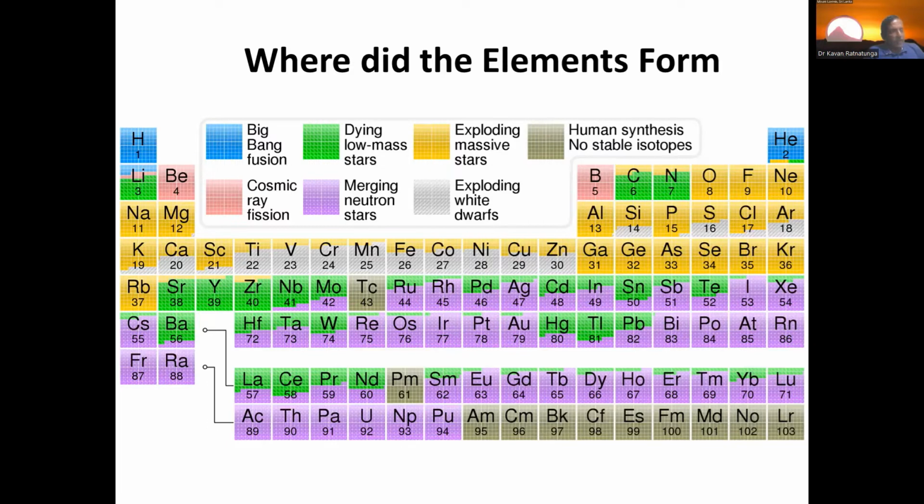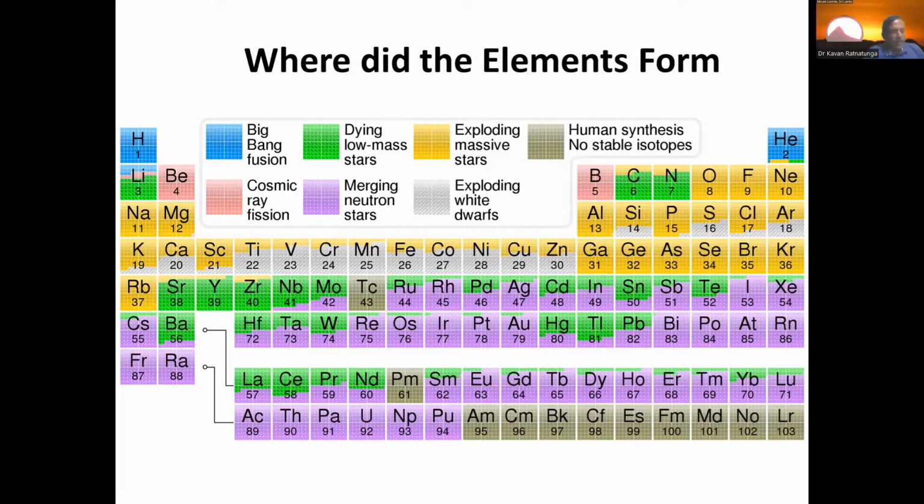Then we have what is marked out in green to be dying low mass stars creating a certain amount of the element population. Merging neutron stars and exploding massive stars create other elements.